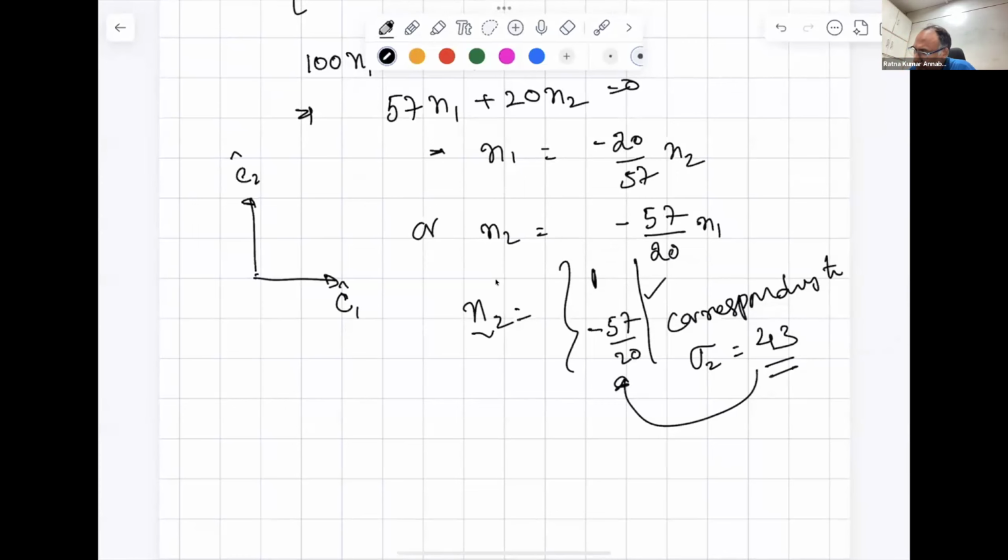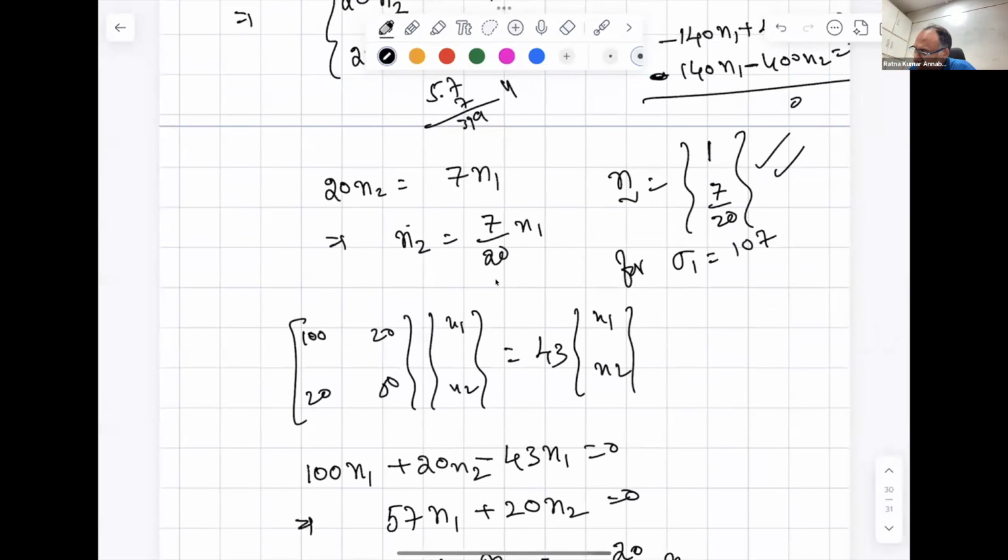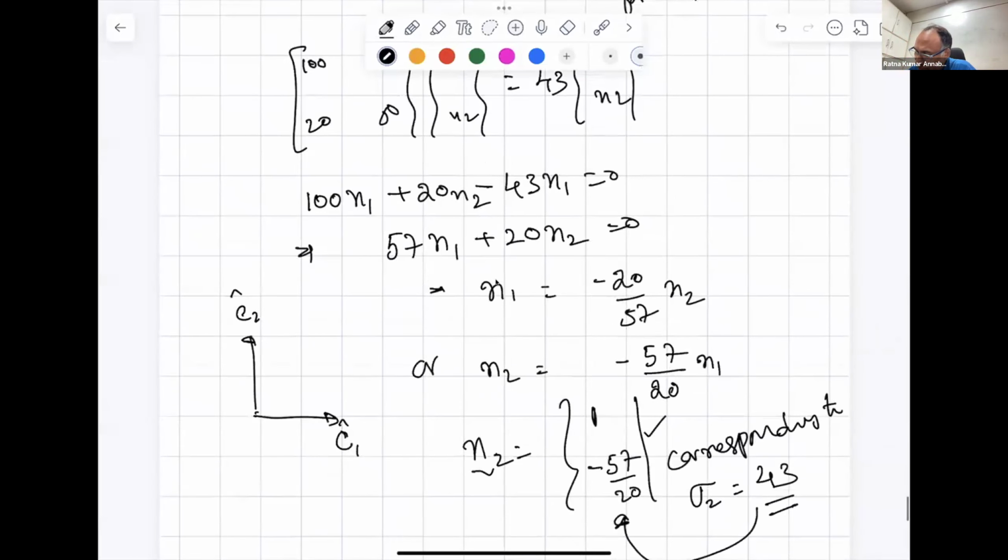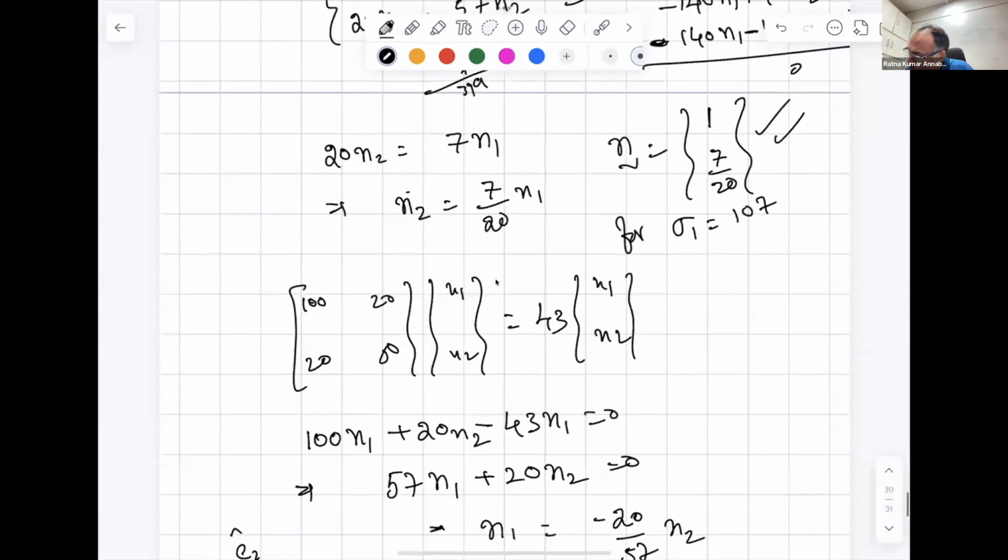This is one vector. This is another vector. 1 and 7 by 20, so that will be somewhere here. And the other one will be like this. The angle will be the angle between 1, 0 and this. Okay.